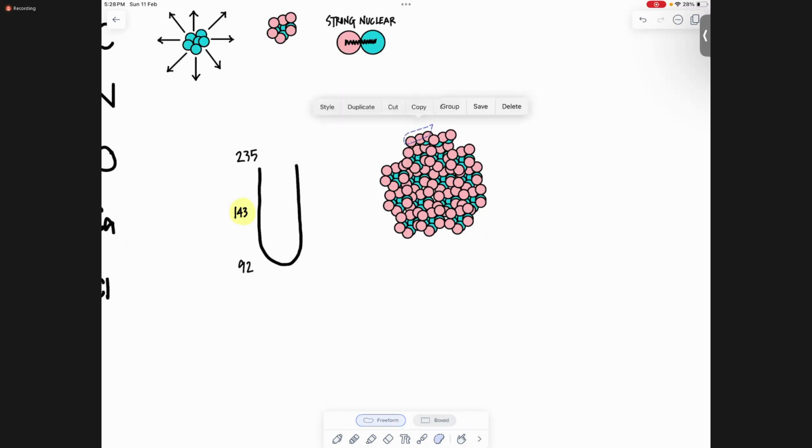I keep adding neutrons here, more and more neutrons, way more neutrons than I have protons. The problem is, at one point these neutrons are so far away from a proton that there's nothing to keep them in their place. They become like extra fat. They need to leave, or they have to be gotten rid of.